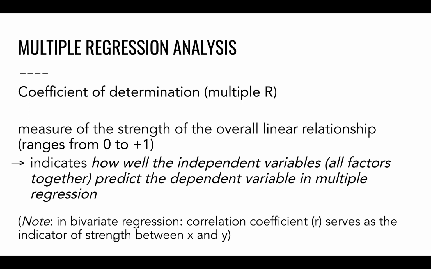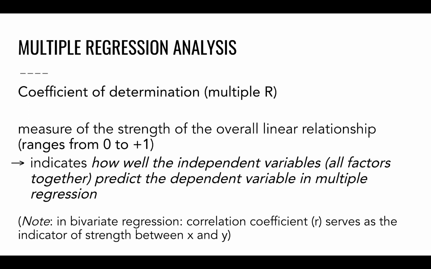Now, another important concept you need to know about is the coefficient of determination, or multiple R. So multiple R is an indicator of the strength of the overall linear relationship between your predictors and your dependent variable. So it's a value that always ranges between 0 and 1, and it indicates how well the independent variables, so all factors combined, predict the dependent variable in multiple regression.